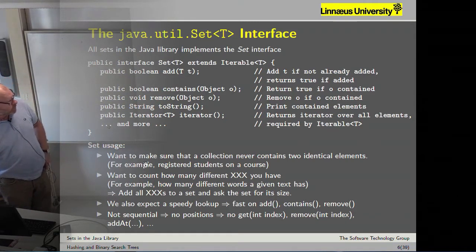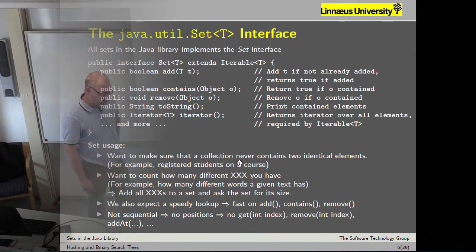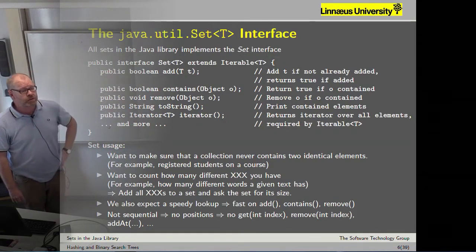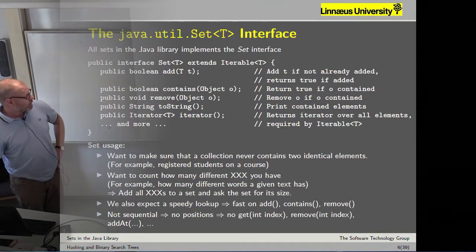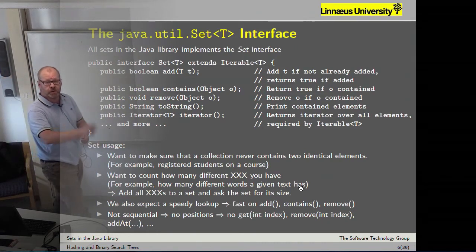When are you using sets? Well, when you want to make sure that the collection never contains two identical elements. For example, registered students on a course. If I want to make sure that we cannot register the same student twice, I would use a data structure which is a set. And as you will do in the assignment, count something. If I would like to count words in a given text, I just pick out the words and add them to the set.